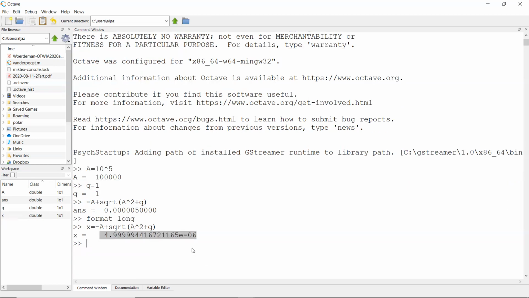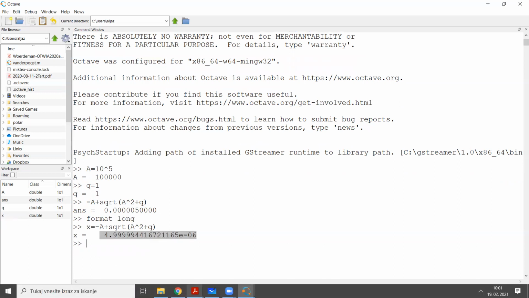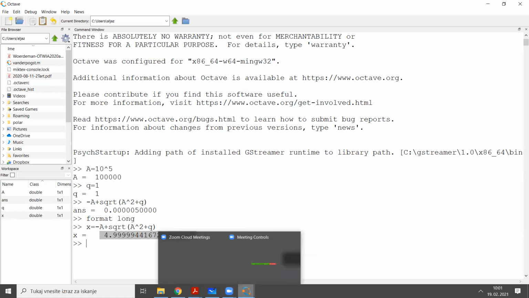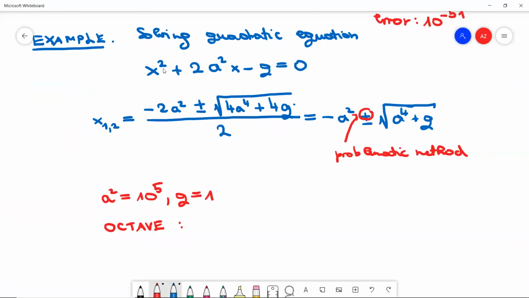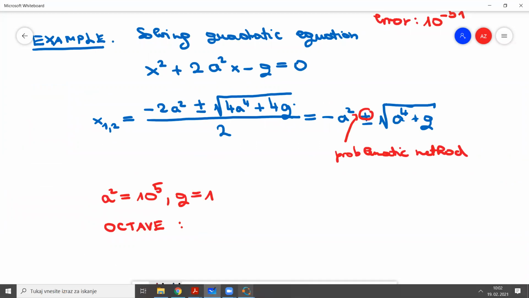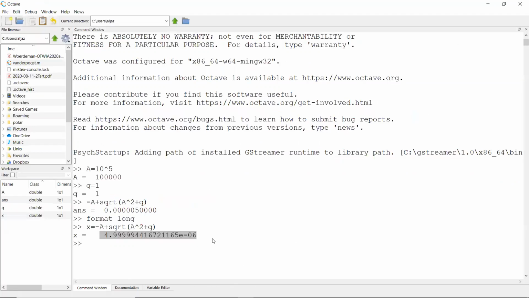And now let's check whether this is really the solution of our equation. So our quadratic equation, if we remember, was x squared plus 2a squared x minus q. And let's plug this solution into our quadratic equation. And if the solution is correct, then we should get 0. So let's see.